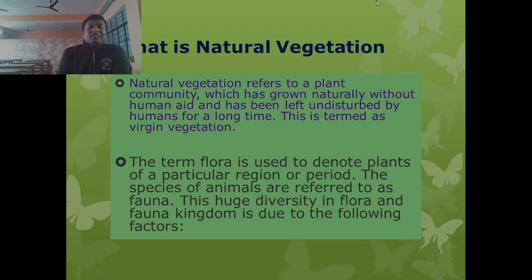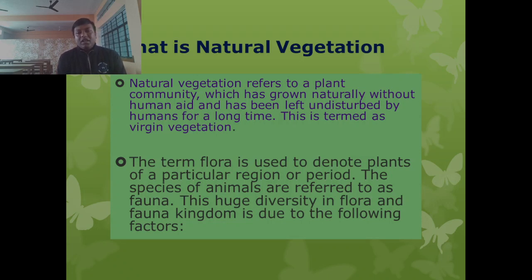Okay, so dear students, let me first define what is natural vegetation. All of you see in our Bihar, in our part, there are many trees. But is that natural vegetation? No. Why? Some are natural vegetation, but some of the plants you planted. So what is natural vegetation?